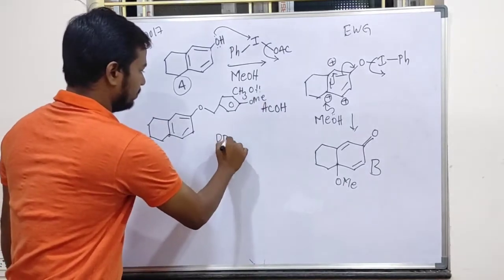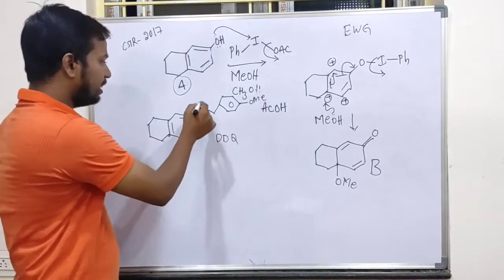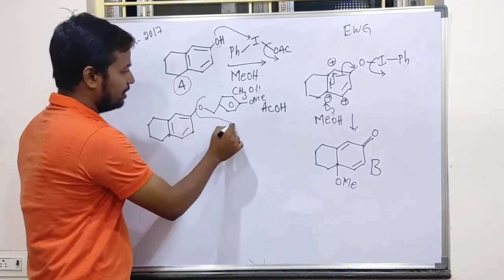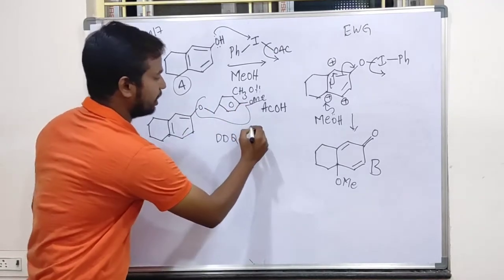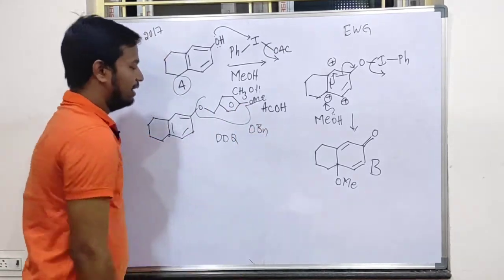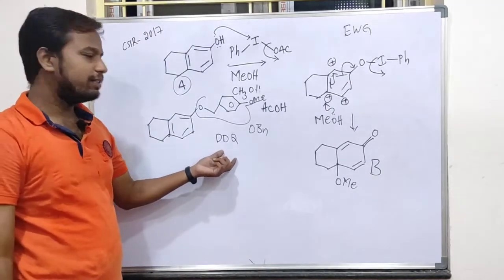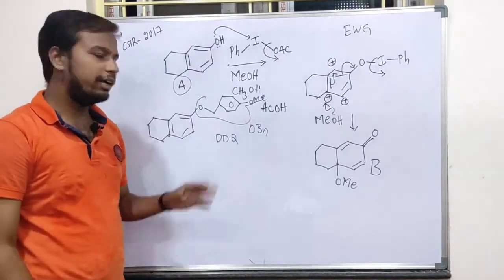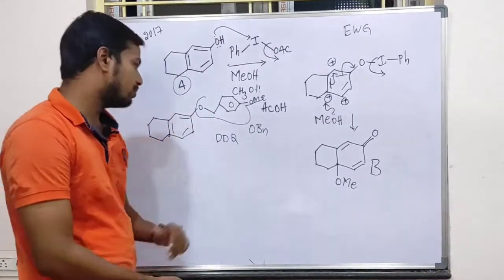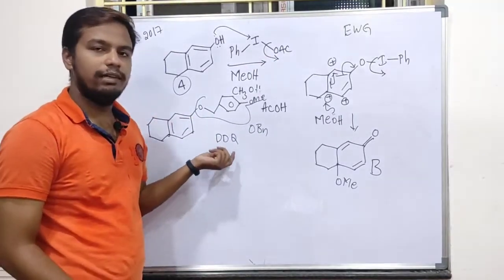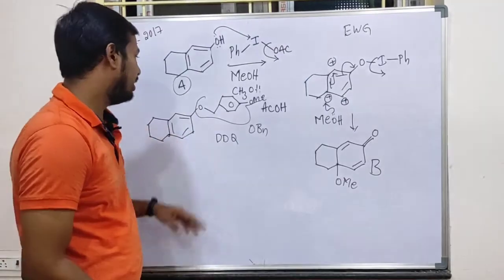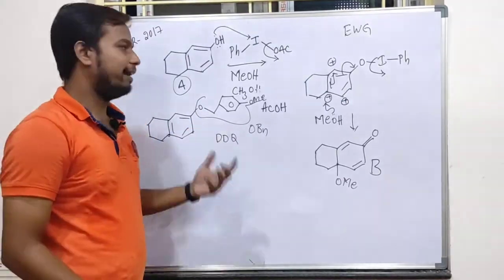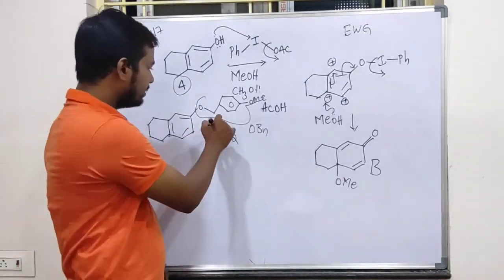So DDQ, this is the benzyl protection, OBn. This is the benzyl protecting group, OBn. Simply we can say DDQ is deprotecting the benzyl protecting group. So we can say DDQ acts as the deprotecting agent by abstracting the hydride ion. Okay, so simply it is deprotecting.